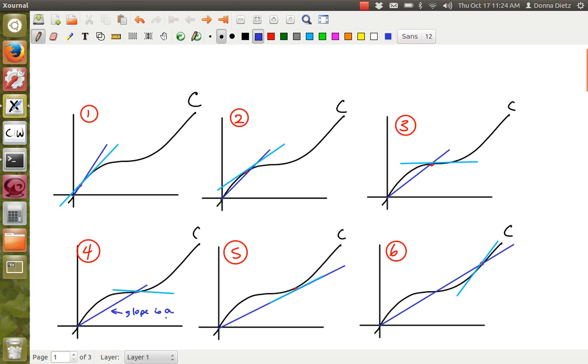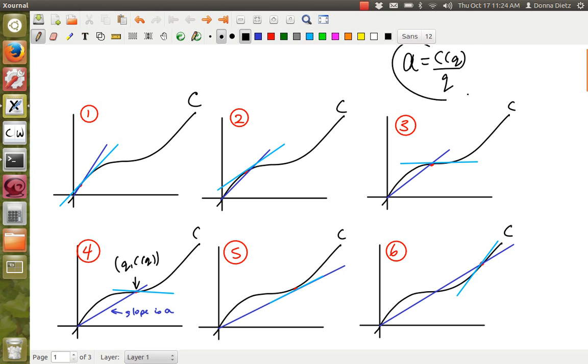Okay, so C is a curve for cost, and remember average cost is C divided by Q. So if you take any point, say in this plot number 4, this point is Q comma C of Q. Right?